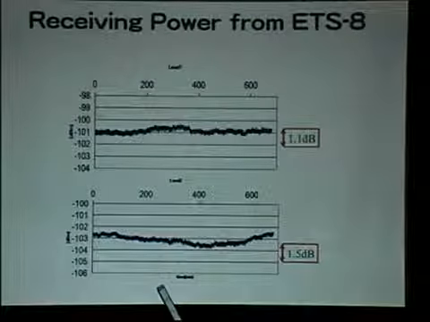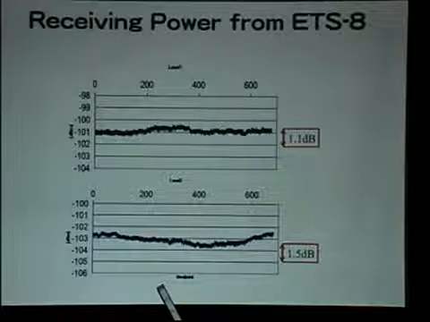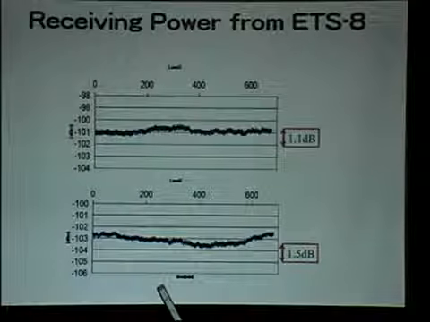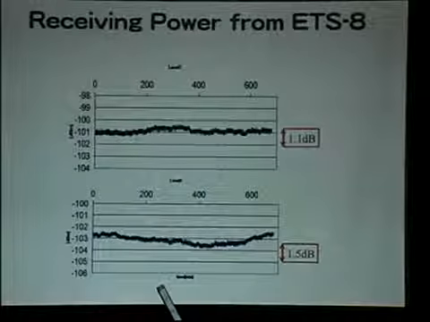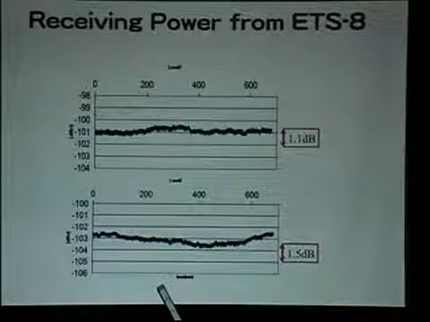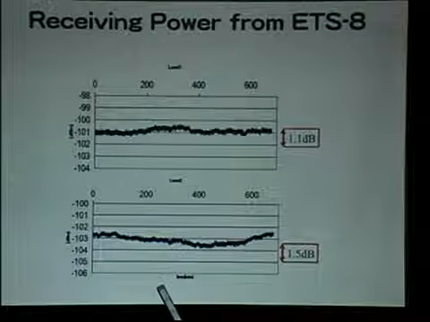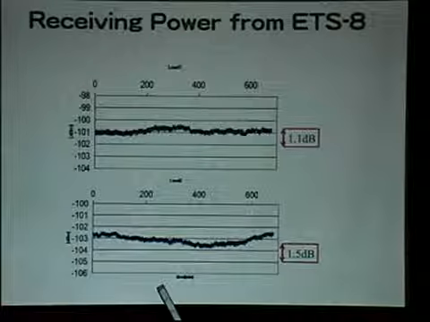So this is the data from the receiving power from ETS-8. You can see the horizontal axis is time, and this is the receiving power. The variation is very small, only 1.1 dB.